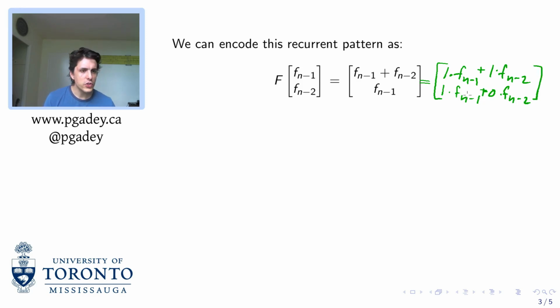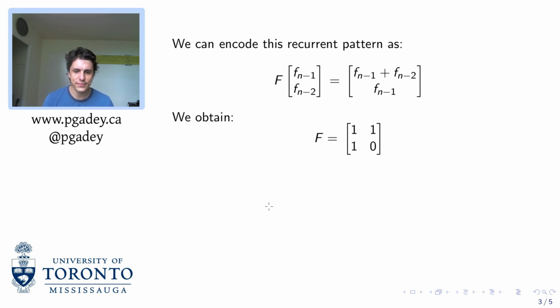Okay, so this is starting to look more and more like a matrix. And we can get a value for this matrix f in the following way. We extract out the coefficients and we get the matrix 1, 1, 1, 0. So this matrix encodes the process of calculating the Fibonacci numbers for us.